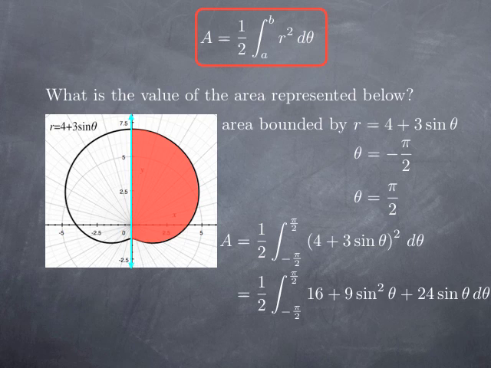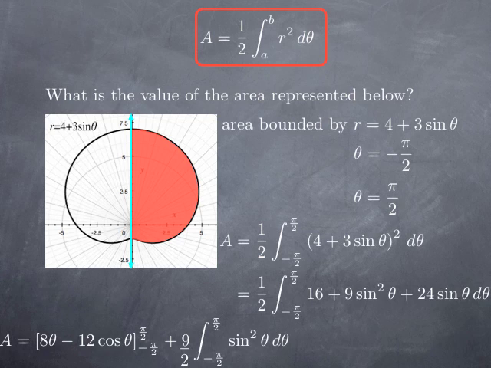We know how to integrate 1/2 of 16, which is 8, and we know how to integrate 1/2 of 24 sine theta, that's 12 sine theta. The antiderivative is going to be negative 12 cosine theta. And so we evaluate 8 theta minus 12 cosine theta between negative pi over 2 and pi over 2, and what remains is 9/2 of sine squared theta that we integrate from negative pi over 2 to pi over 2.